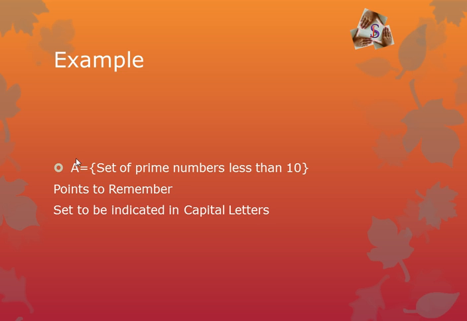So, always the set that I indicate needs to be written in capital letters. And the statements that we give should be very clear and specific. As I've told, set of prime numbers less than 10. So, I'm very specific to what numbers I require and what is the range.